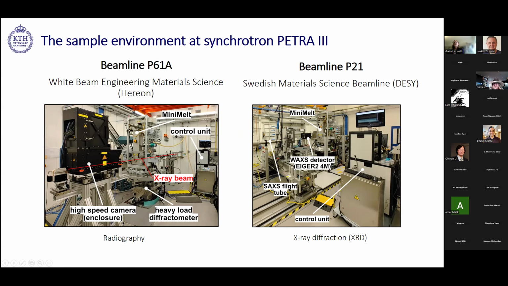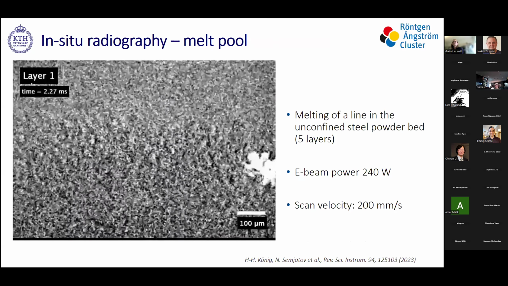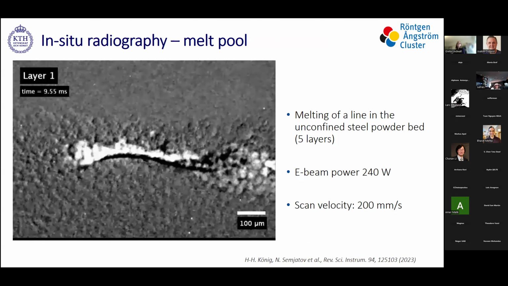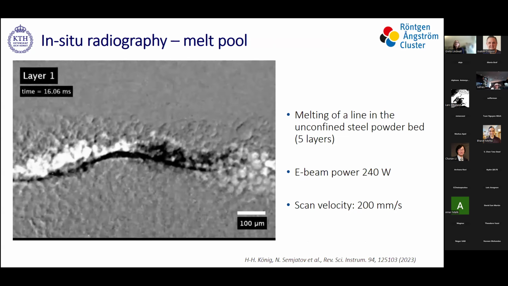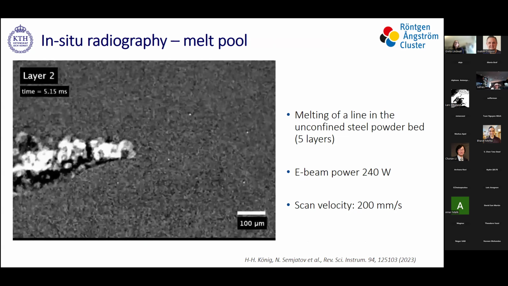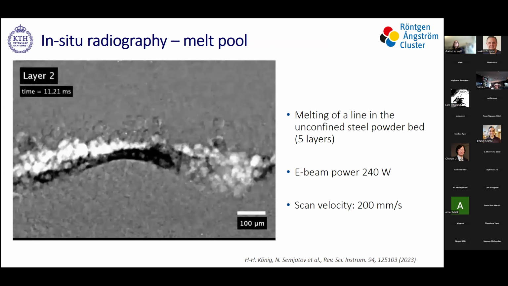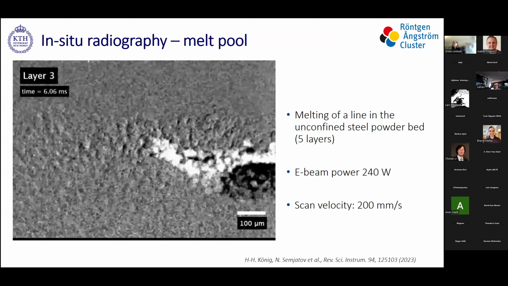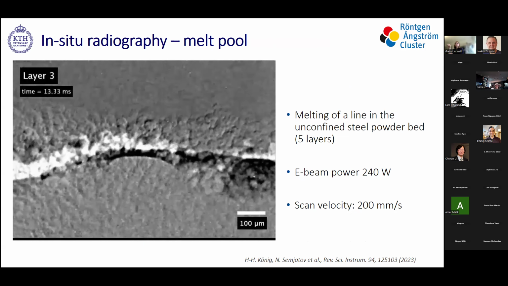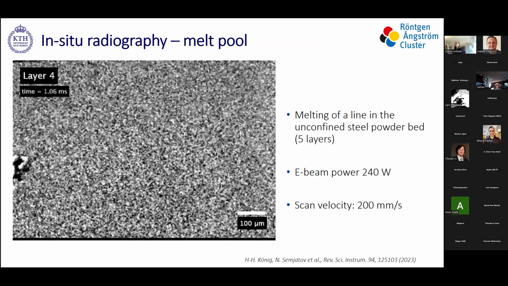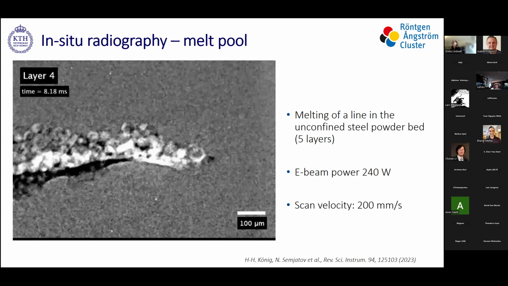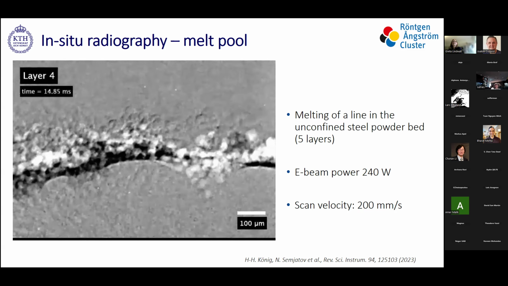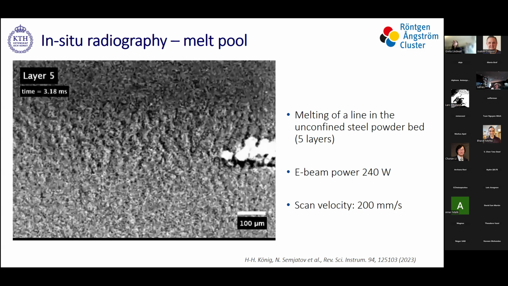So I'll just show you some examples of the capabilities of this sample environment. Here are first some examples of in situ X-ray imaging showing the melt pool. Here we melt the powder hill, a line, 5 layers at 6,600 kilohertz.